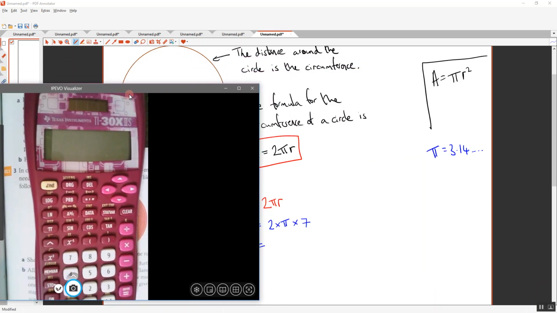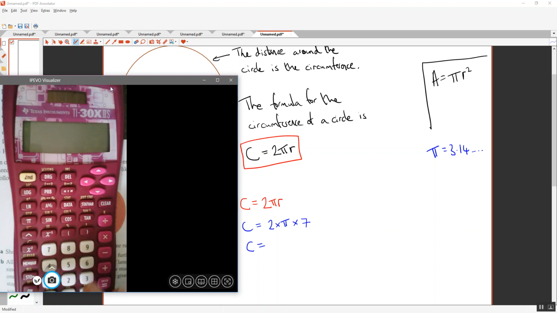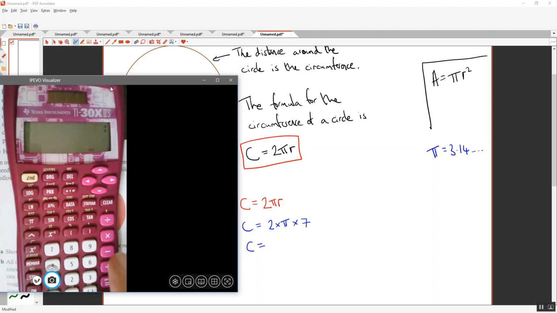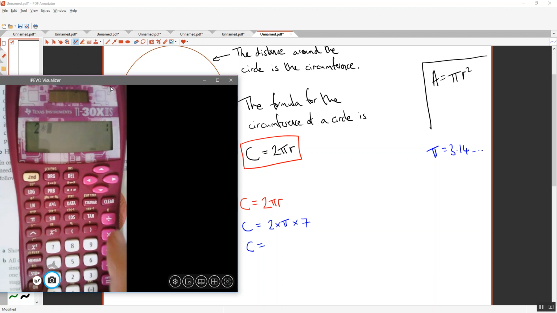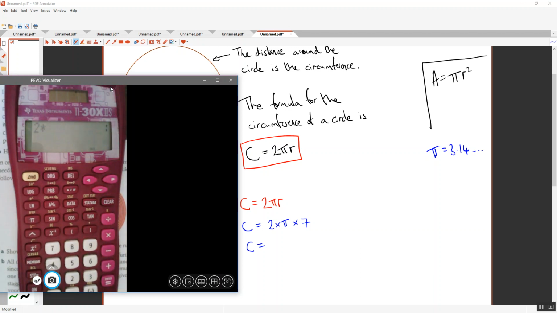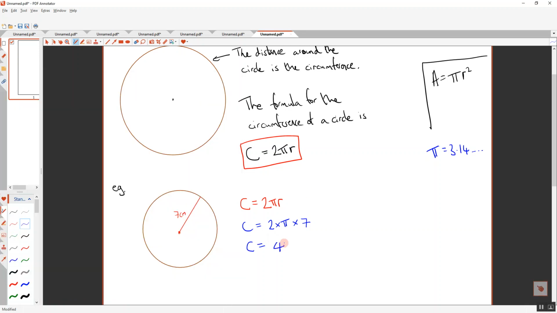C equals 2 multiplied by, I can use my pi button or I could just put 3.14, times 7, and I get 43.98 centimeters. That is the total distance around this circle if we've got a radius of 7 centimeters.